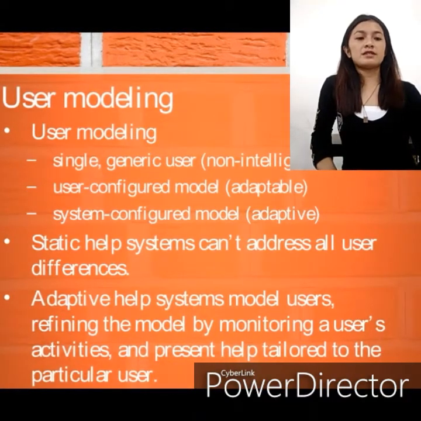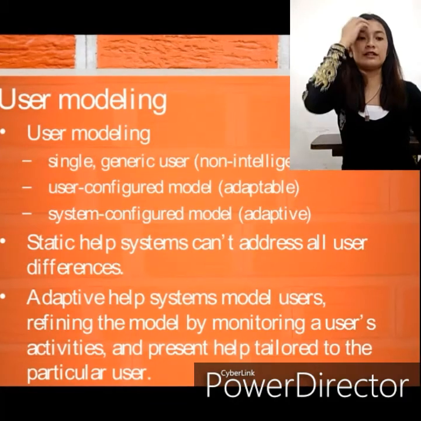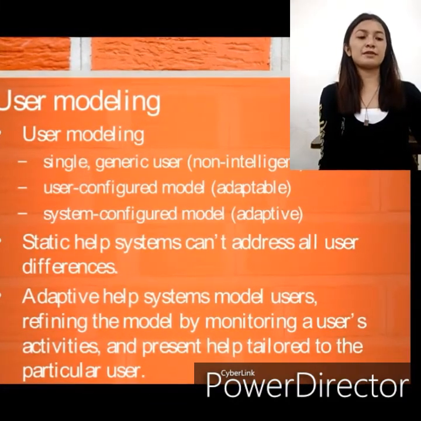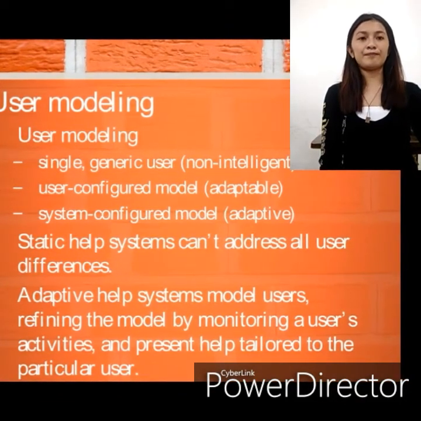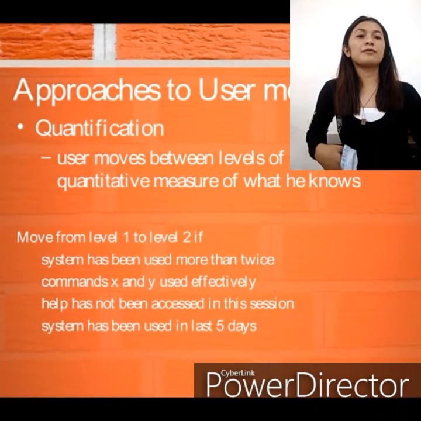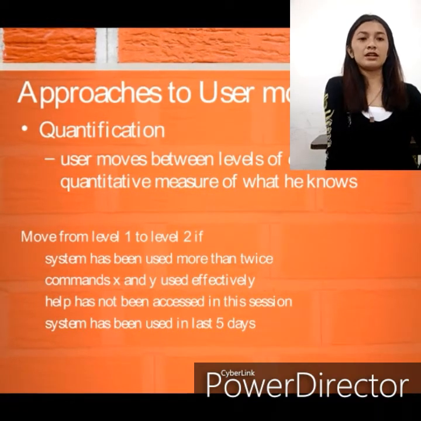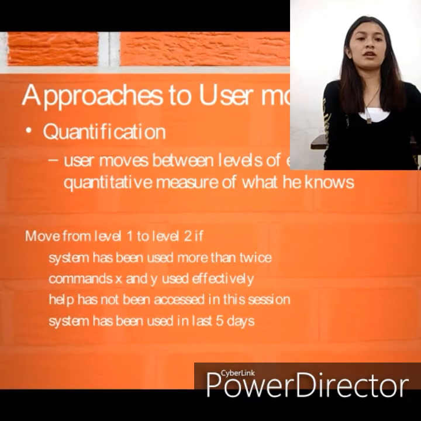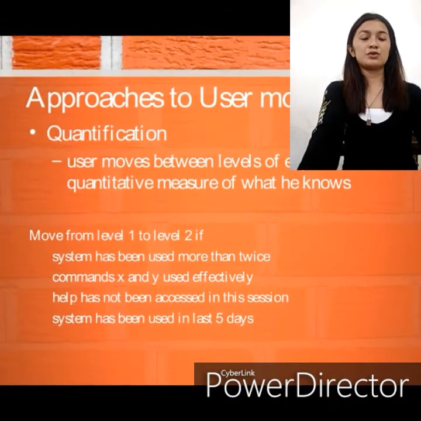Adaptive help systems model the user, refining the model by monitoring the user's activities and present help tailored to the particular user. Then for approaches to user modeling, qualification: users move between levels of expertise based on a quantitative measure of what they know.